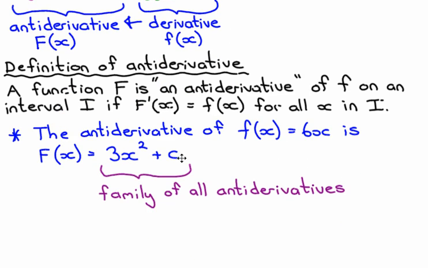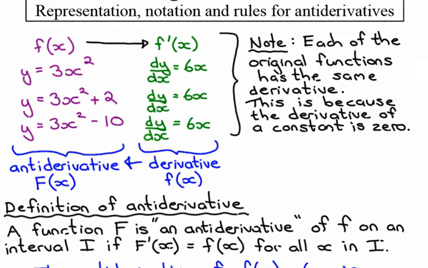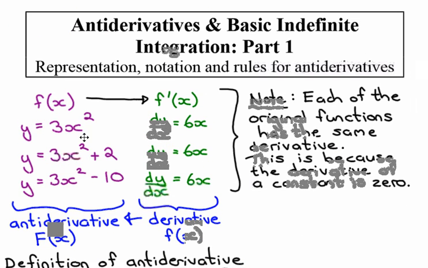So by saying plus c, we are talking about the family of all the antiderivatives. And when we actually find antiderivatives, we must put that plus c, because we don't know what constant could be in that place. Okay, so that's just the general representation and some of the notation we use.